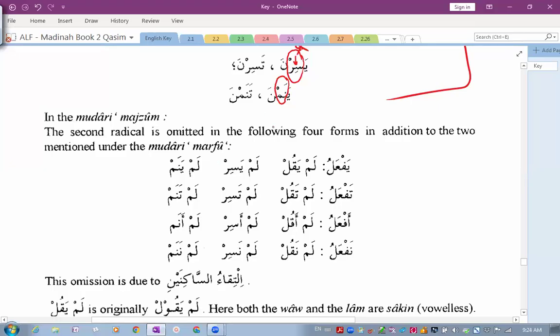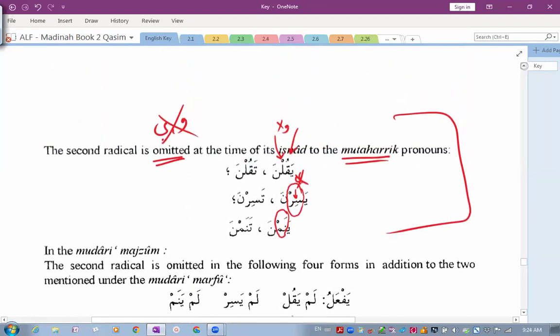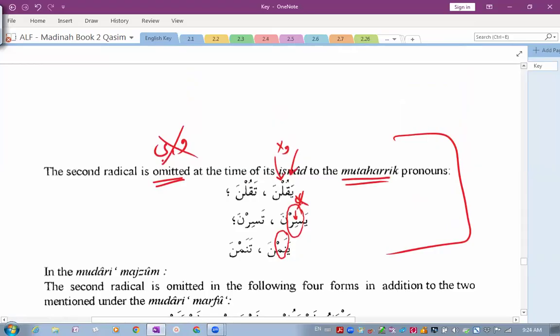I've got a question. In the mudare marfu, the difference in nama yanamu is because there is a fatha on the noon, because it is from Bab Fataha yaftahu? Yes, that is correct. It was yanwamu, actually.